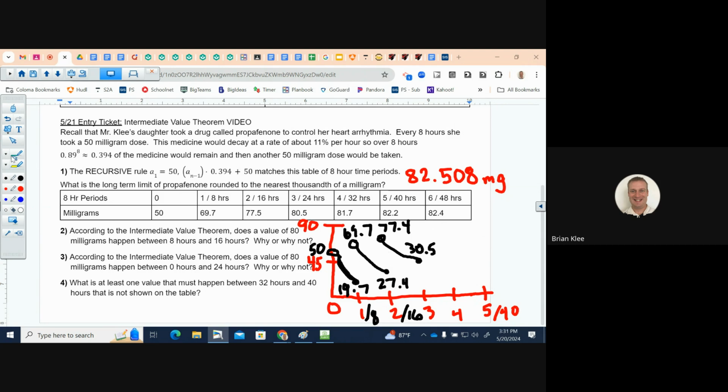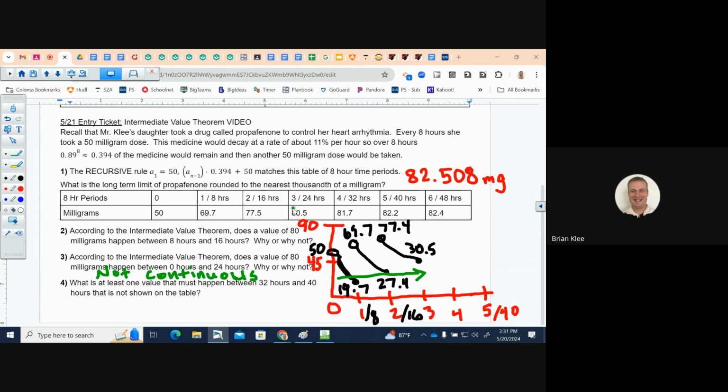Well, here's the problem. From 0 to 24, the graph is not continuous. So that 80.5, that's not going to happen until exactly the 24th hour.